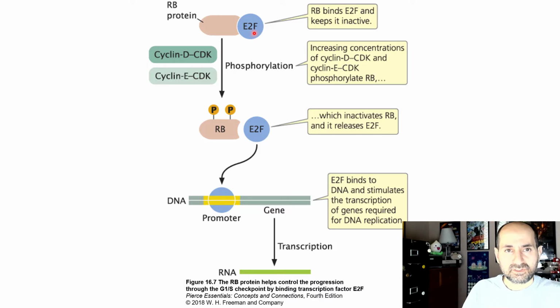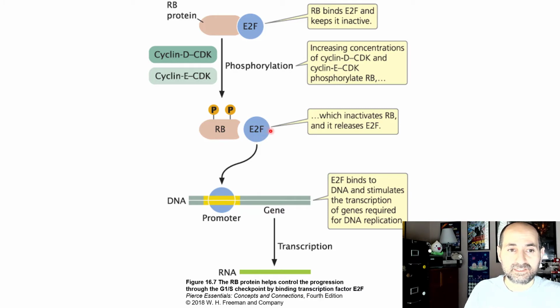Now, at some point, the cyclins, remember cyclin D, which is bound to CDK, and cyclin E, which is bound to CDK, their kinases phosphorylate the retinoblastoma protein, inactivating it, which releases E2F.